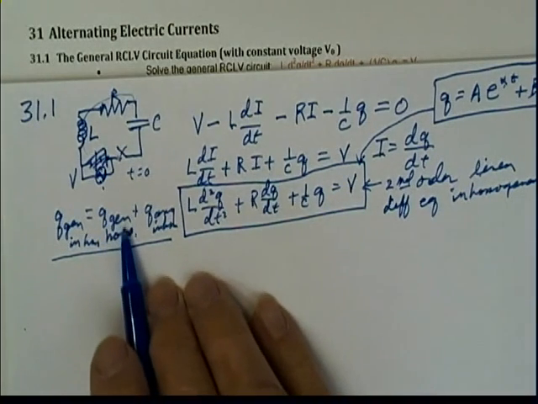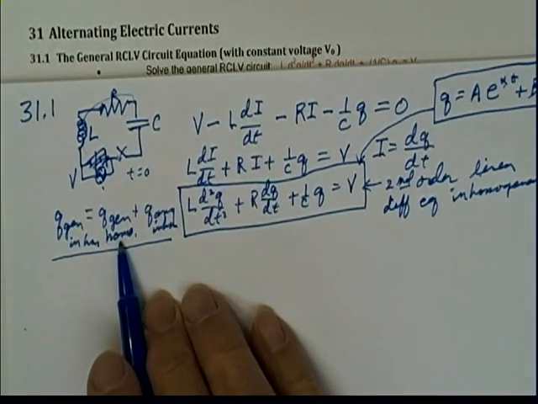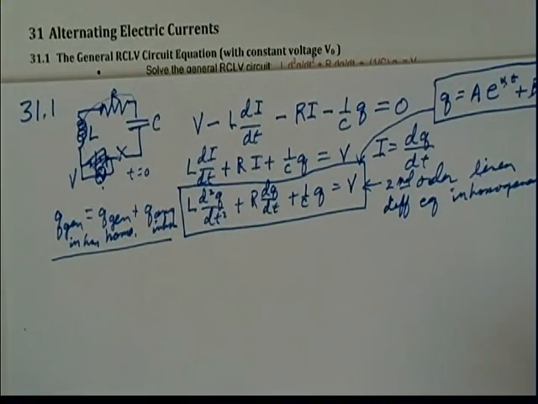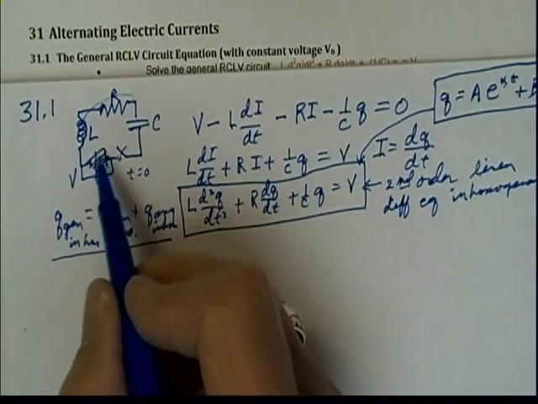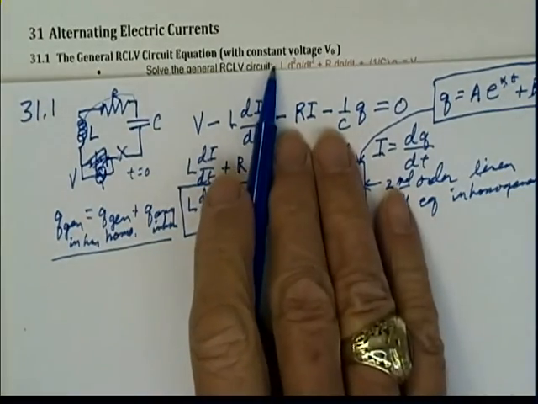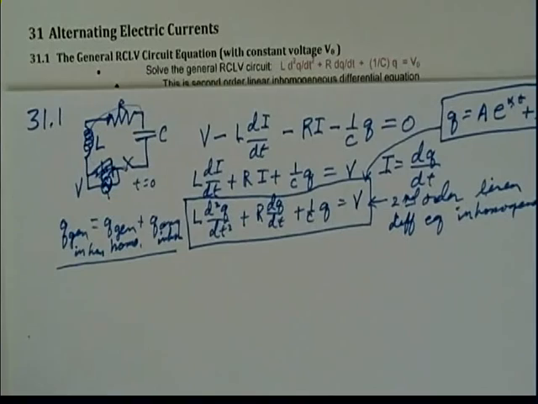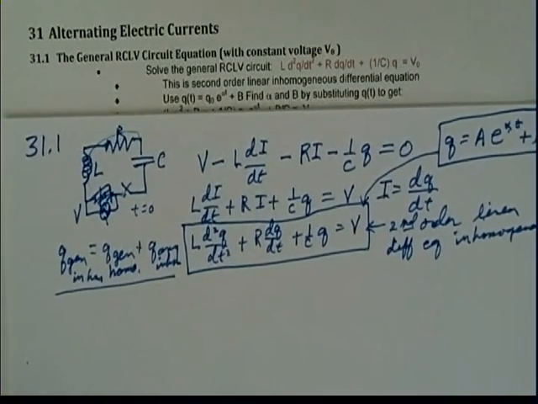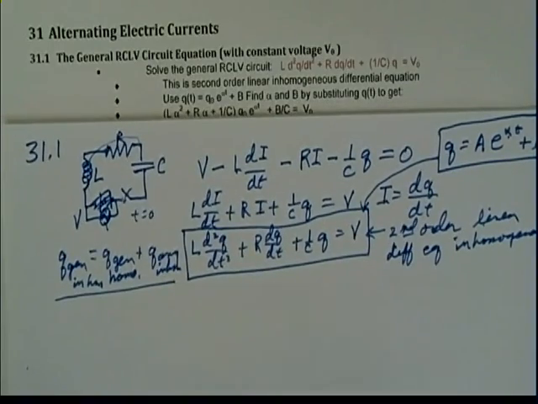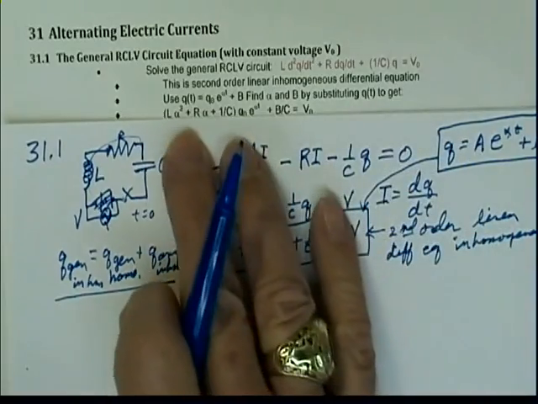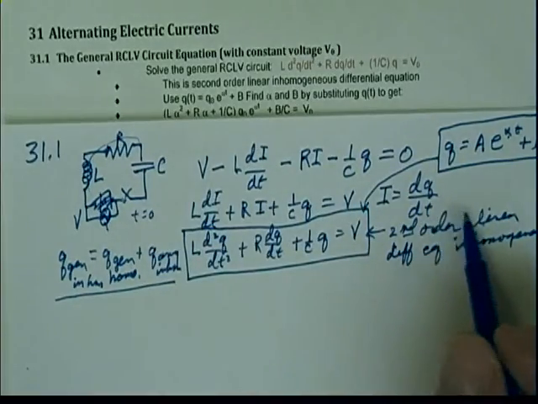That's to find all of the solutions in the general homogeneous problem. Then we have to find one solution to the more general problem where it's inhomogeneous, and we're applying some other type of voltage. We might apply a constant voltage, or we might apply an alternating voltage. I think my notes here say with constant voltage. So there's the equation that we see, a second order linear inhomogeneous differential equation. We're going to try this solution and find alpha and B by substituting in. Let's do that and see what we get.